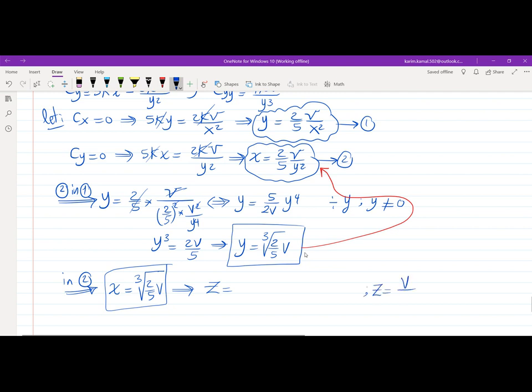Then z will be v over x times y, which is cubic root 2v over 5, all of this squared. It will be v power 1/3 times 5 over 2 power 2 over 3.